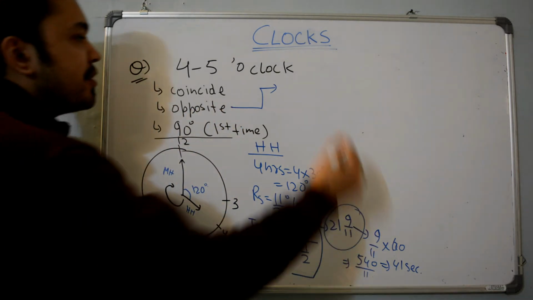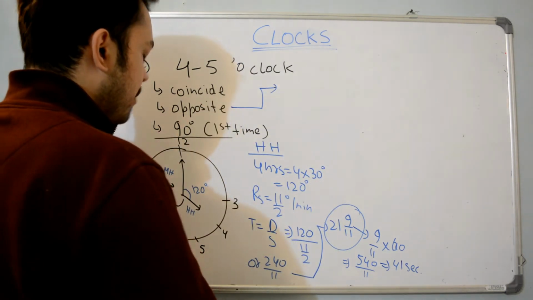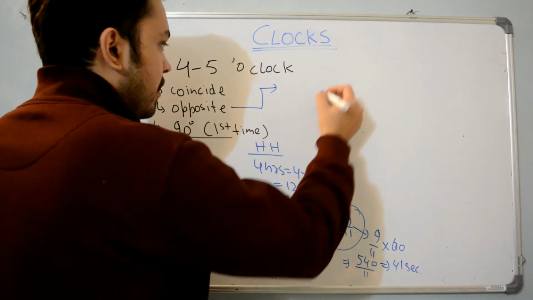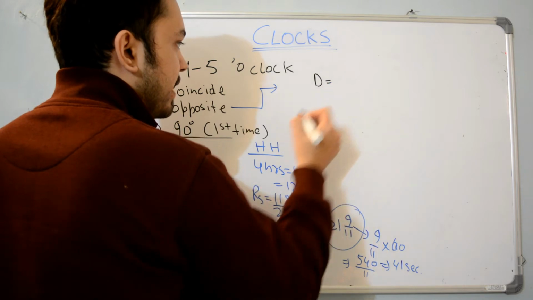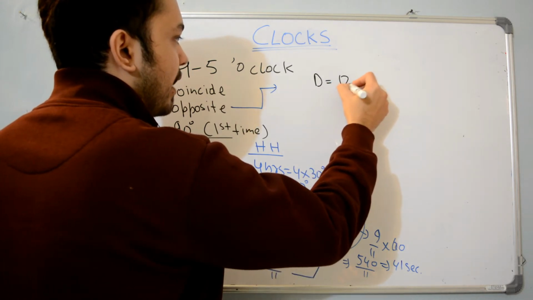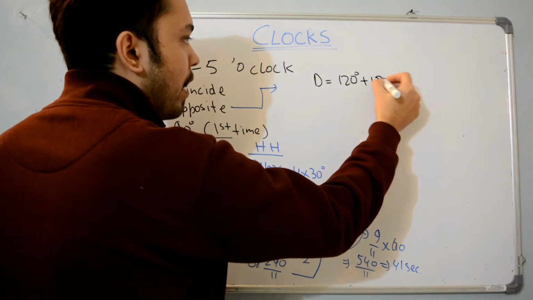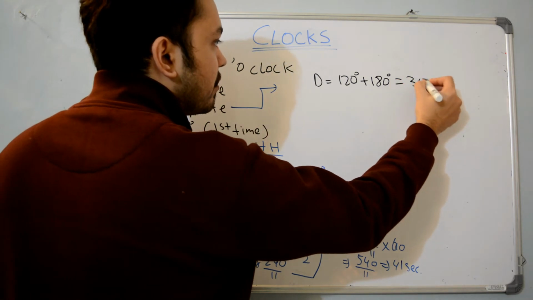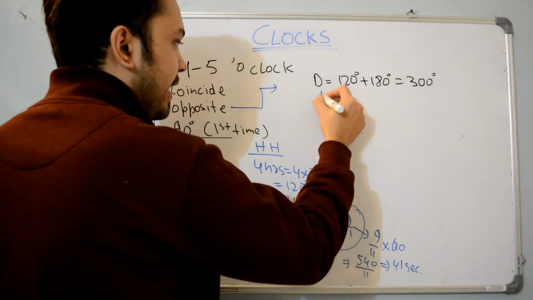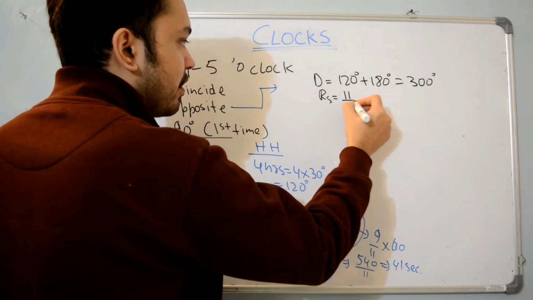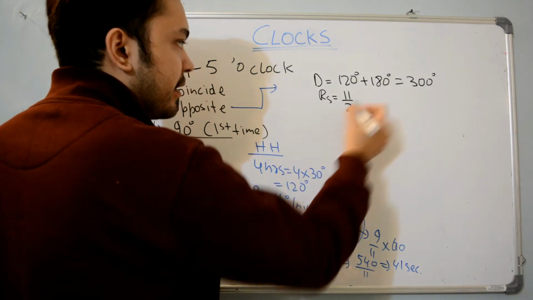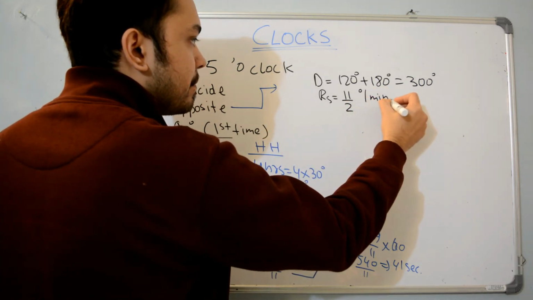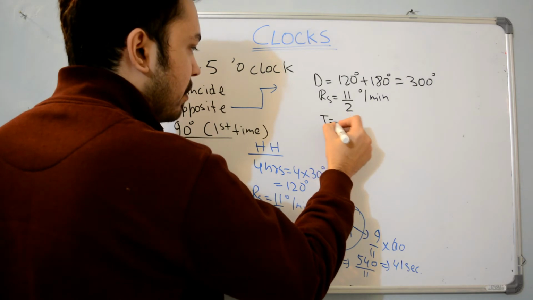Clear? So over here, the distance to be covered by the minute hand is 120 degrees plus 180 degrees, which will give you 300 degrees. Again, you have the relative speed of 11 by 2 degrees per minute, right? And what you have to find out? Time.